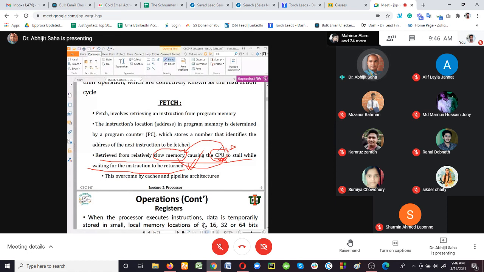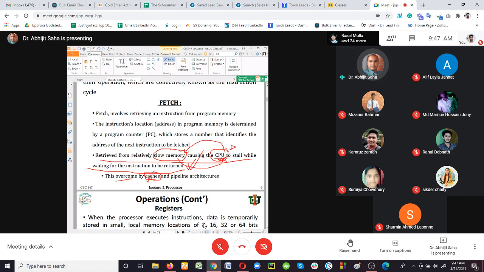We have been discussing this for a long time, and we have seen that this problem has been significantly reduced or improved by the cache memory. That is one technique we have discussed several times: the cache memory can reduce the problem because it is the nearby memory inside the CPU.